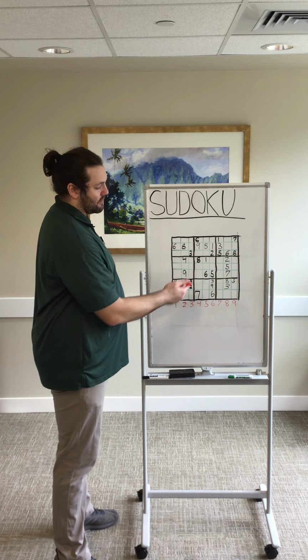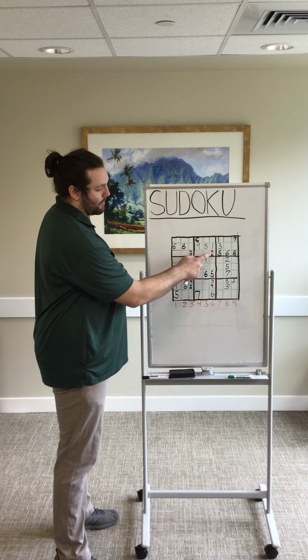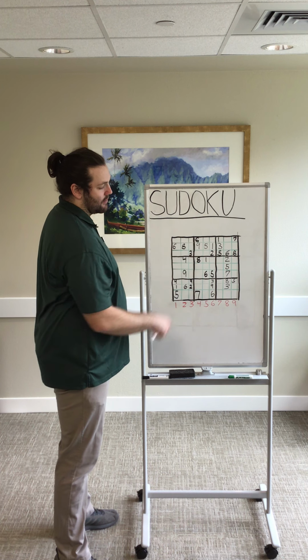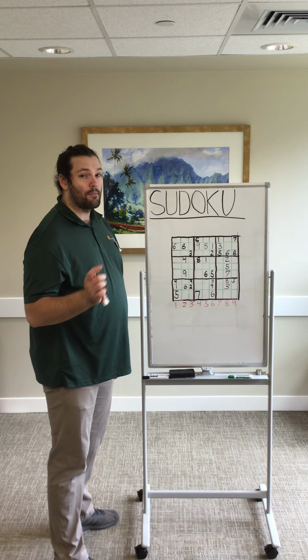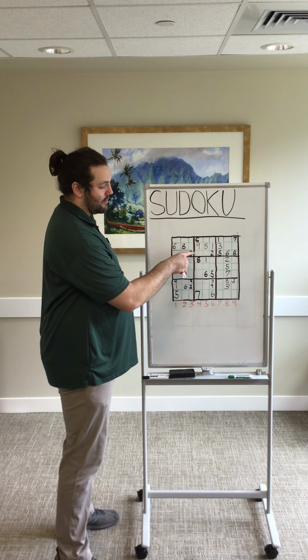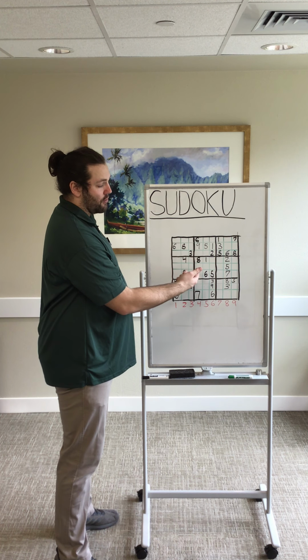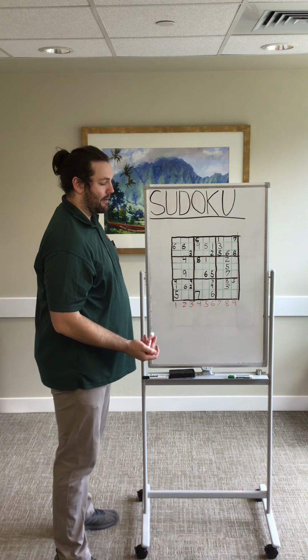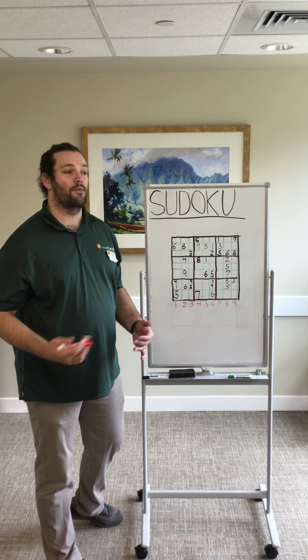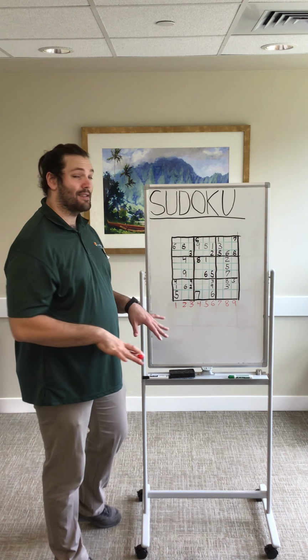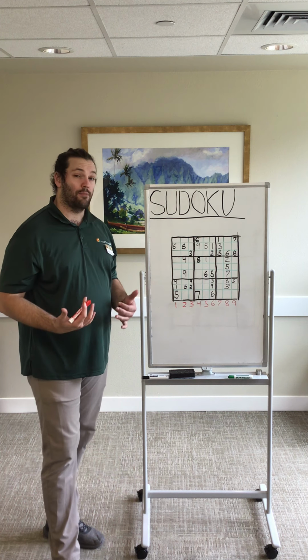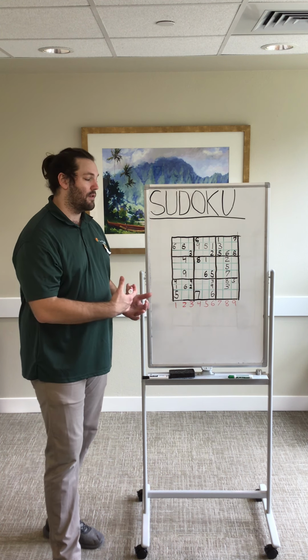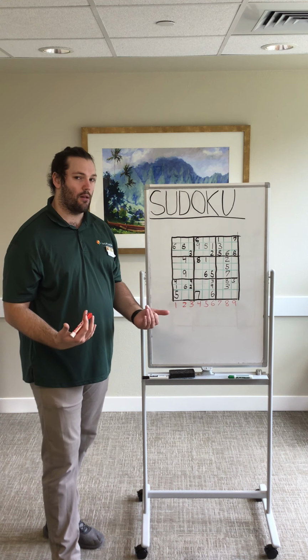So for instance, this middle block has a 1, 2, 5, 9, and 6. So all that can possibly go back into this is the numbers that aren't there, which are 3, 4, 7, and 8. And I'm going to teach you the most basic understanding of how to play the game Sudoku and solving what number goes in which cell.